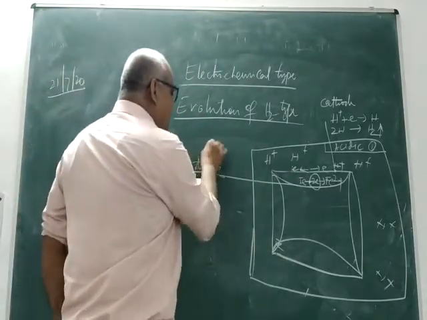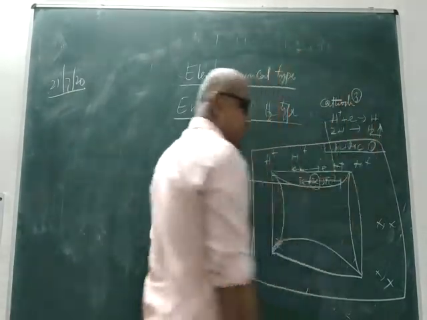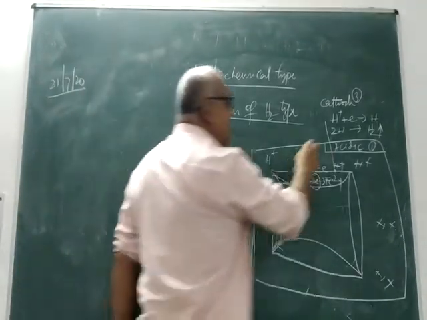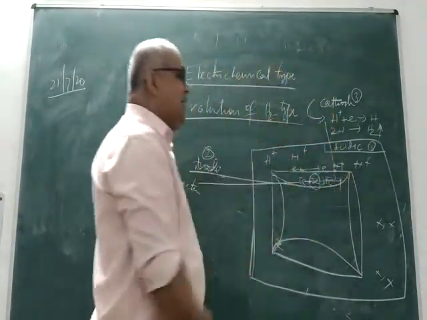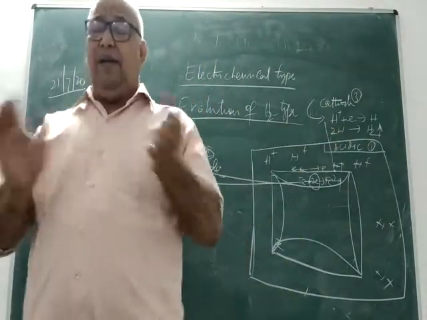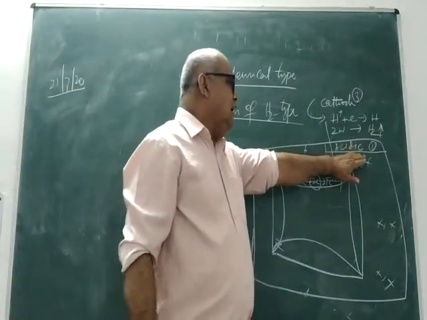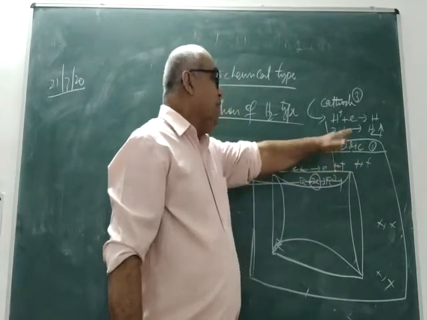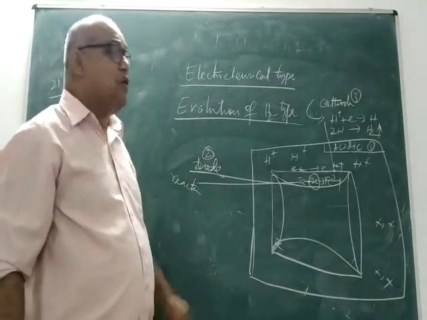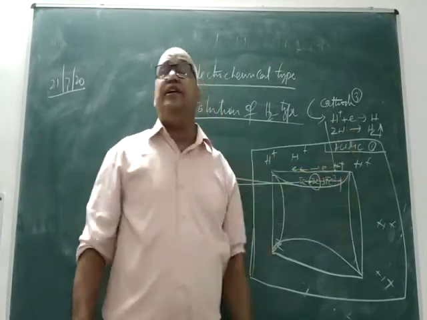Then identification of your anode, identification of your cathode, then the anodic reaction, then the cathodic reaction, and then evolution of hydrogen. These are 5 different steps involved in it. Number 1, I repeat, the nature of your environment will be represented at the top. Then identification of your anode, followed by cathode, anodic reaction, cathodic reaction, and release of hydrogen.